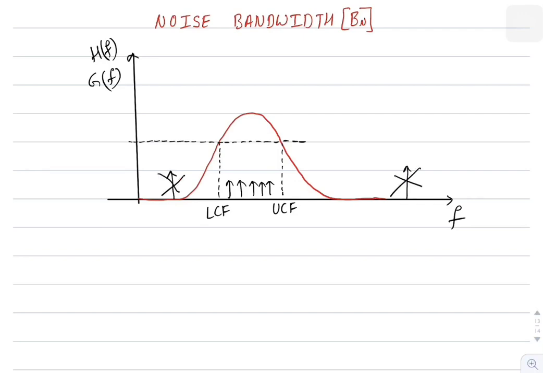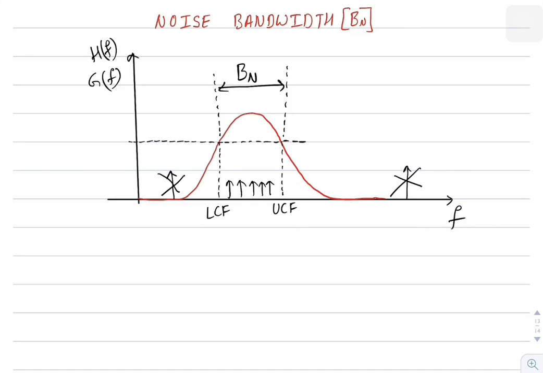Am I right? That means these two frequencies will be rejected by the filter itself. Since this filter is allowing the noise components in between these two frequencies, this bandwidth we call noise bandwidth, and it is represented with B suffix n.